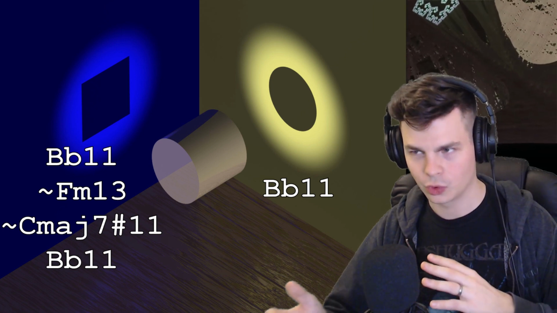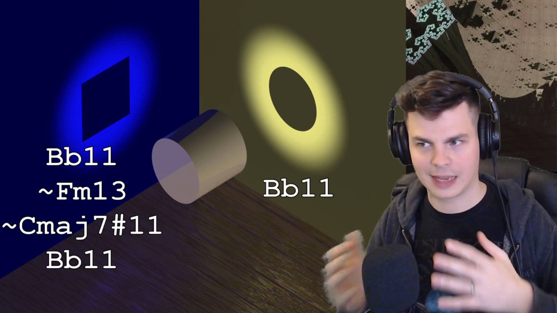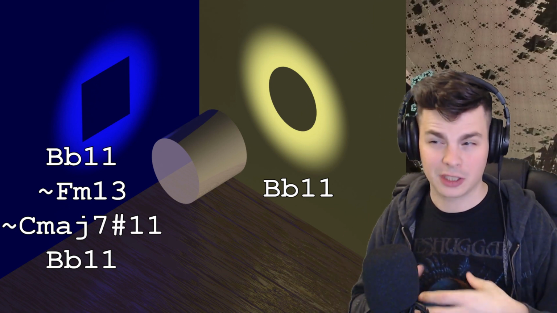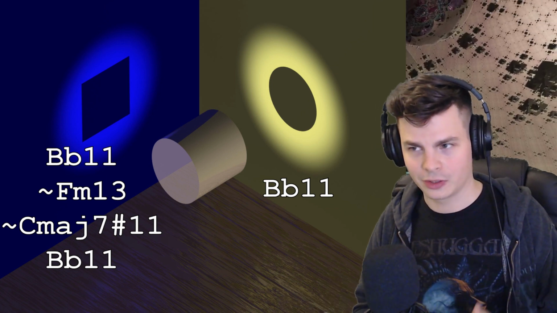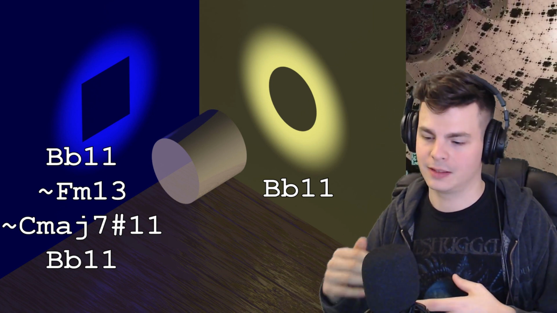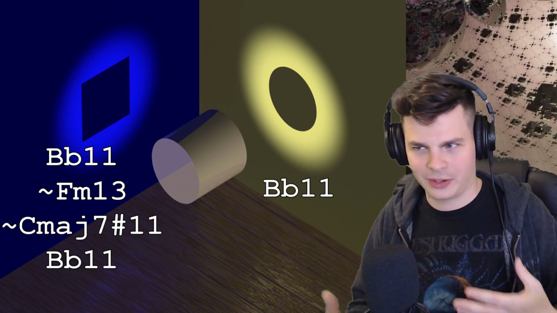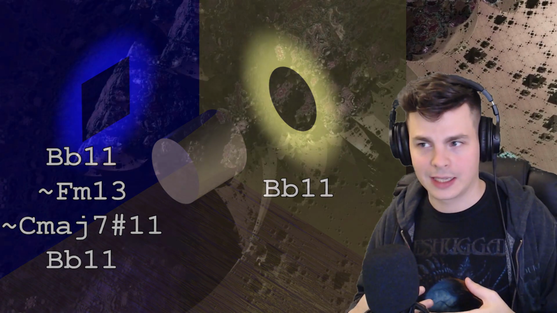So it goes Dorian, but it's not super obviously Dorian. It doesn't have the third, so it's hard to tell if it's major or minor. It goes Lydian, but not super obviously Lydian. Again, it doesn't have the third. You can tell it's Lydian because it's got the root, 5th and sharp 11th, so there's no other diatonic interpretation of that, but it's still ambiguous. But that's the way I hear it anyway.